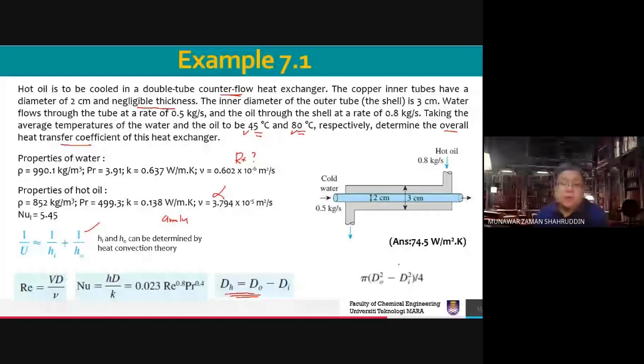So this will be the punya answer dia, 74.5 watt per meter square dot K. So don't forget the unit is sama macam konvektif juga unit dia, watt per meter square dot K. Okay. So this is the answer lah.